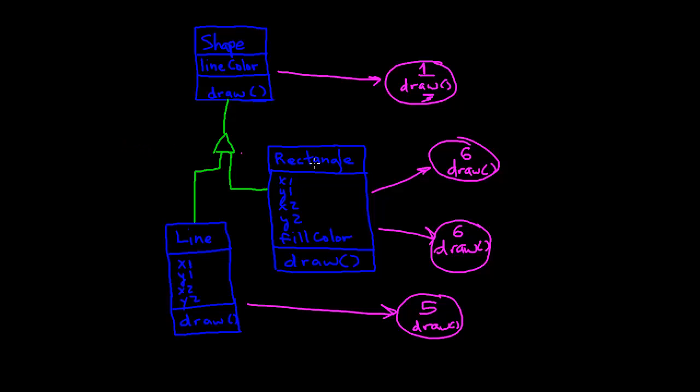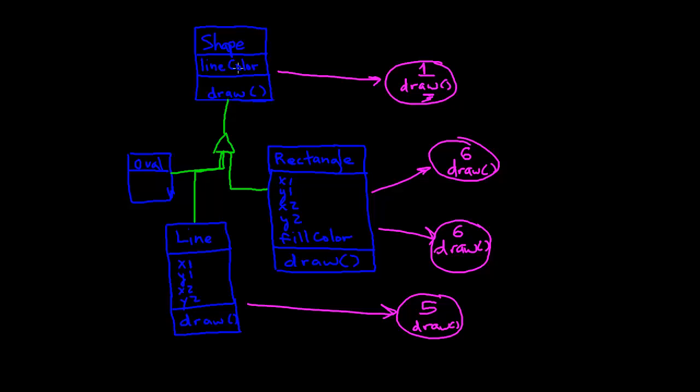The downside there would be that if we had another class here, let's say called oval or triangle, well, the class oval, if we wanted to inherit from shape as well, the oval class probably wouldn't make use of those x1, y1, x2, and y2 attributes of shape if they were in here.